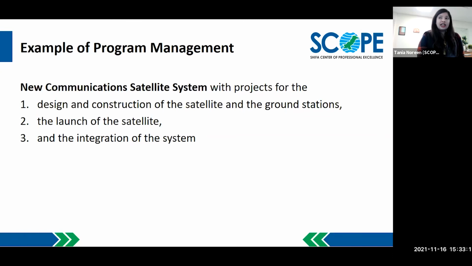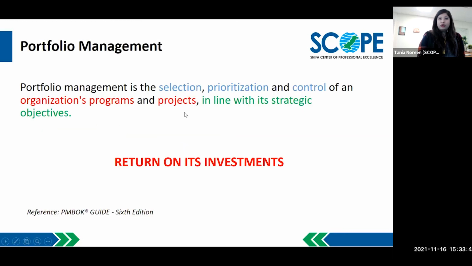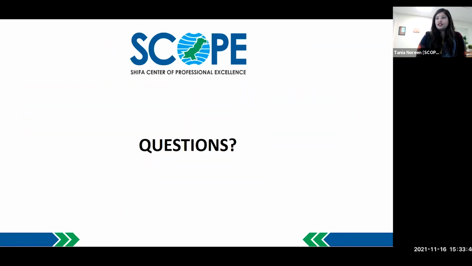Still, it has the start date and end date, and it is unique in nature. Then we will be integrating our systems with this new satellite. This is again a project. So these 3 projects make up the one program, the communication satellite system. I hope Ijaz, this answers your question. So do we have any other questions?